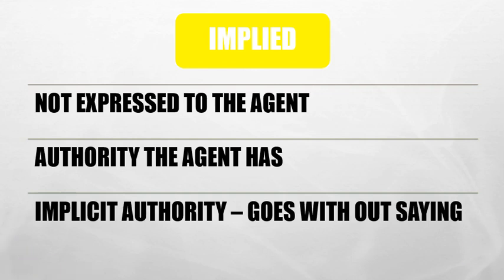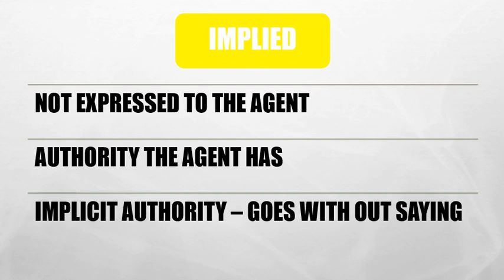So the implied authority is usually not a written document. It's like the things that an agent does to get the job done. Everything the agent does cannot fully be written down on a contract. So there is an implied authority. An agent might not have an expressed authority to be polite with the customer, but the agent is polite because it is an implied authority that the agent has.